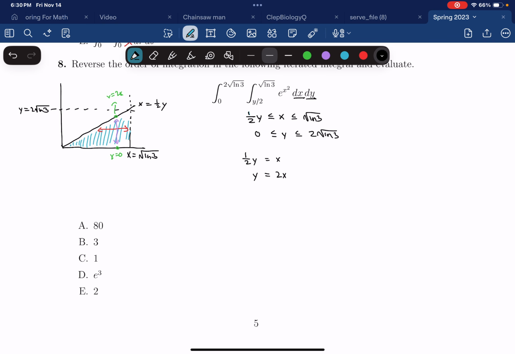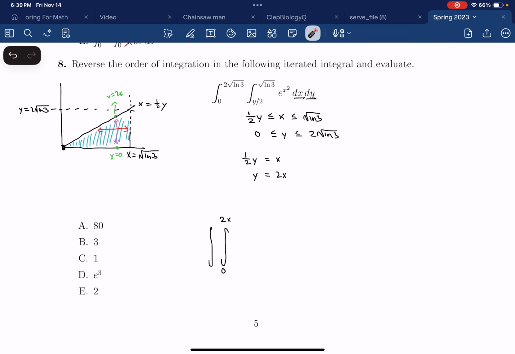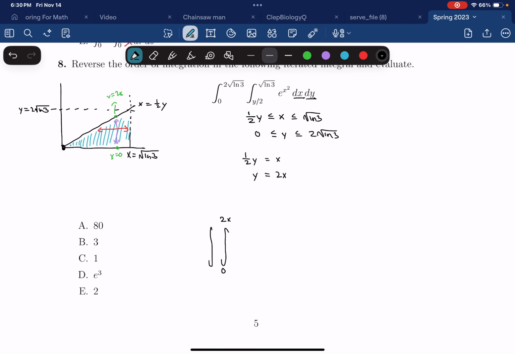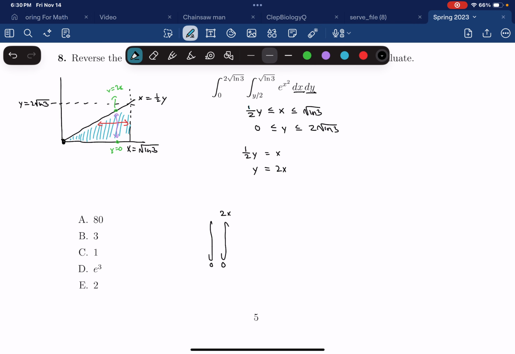So our new integral will be from 0 to 2x, and x just goes from 0 right here to x equals the square root of natural log of 3.